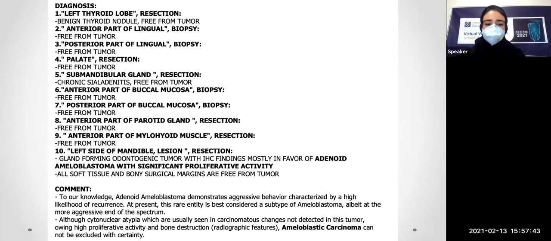And finally, adenoid ameloblastoma was signed out for the patient, and a comment was written that adenoid ameloblastoma is mentioned in the literature as showing aggressive behavior, with a tendency to recurrence. However, the literature is very little and subtle for this tumor, and we need to follow our patient to determine the prognosis.